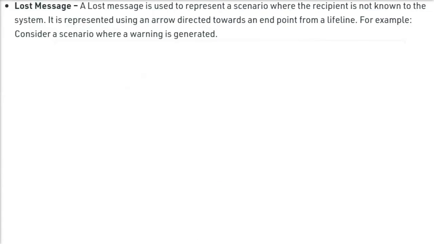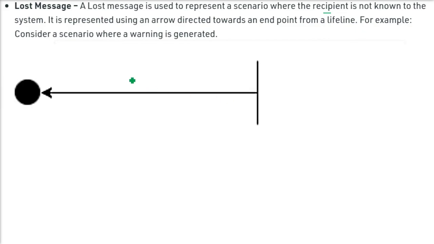With this we have a lost message also. What is this lost message? Here the recipient is not known to the system: who is going to get it? This is represented using an arrow directed from a lifeline towards an endpoint. For example, say a warning is being generated. Then you use this arrow directed towards an endpoint from a lifeline.